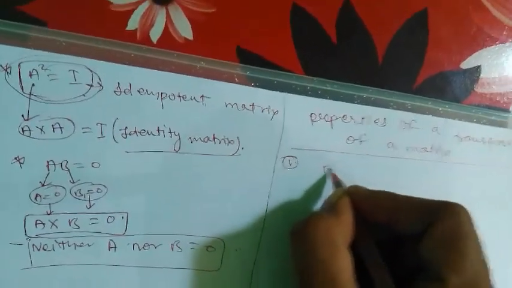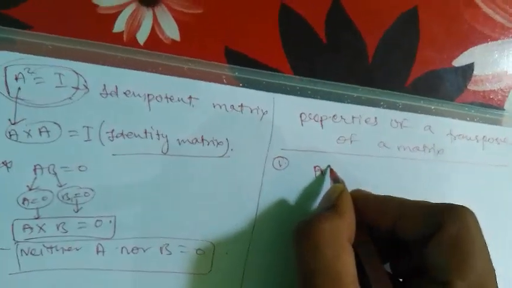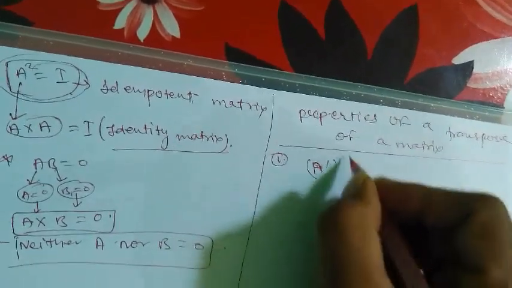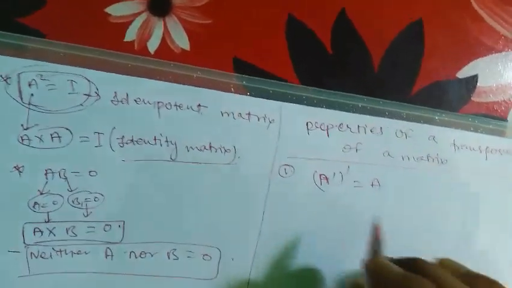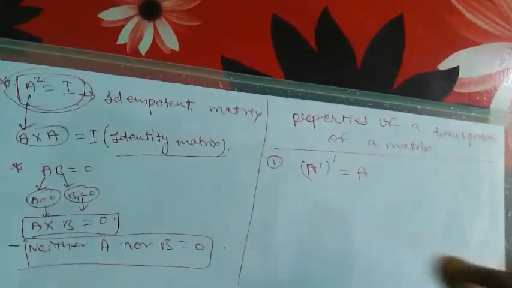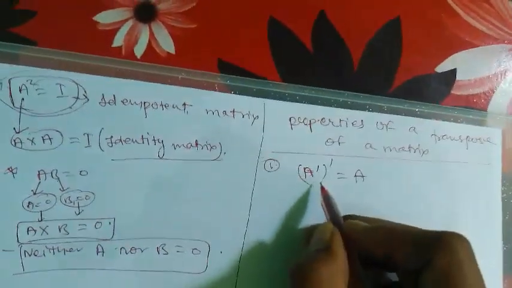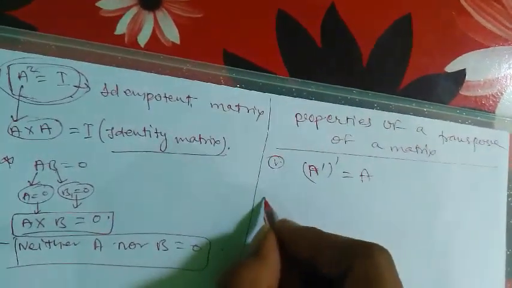A is a matrix. If we find the transpose and then do the second transpose, we find the same matrix. If we take the transpose of a matrix two times, we will find the same matrix. This is property 1.